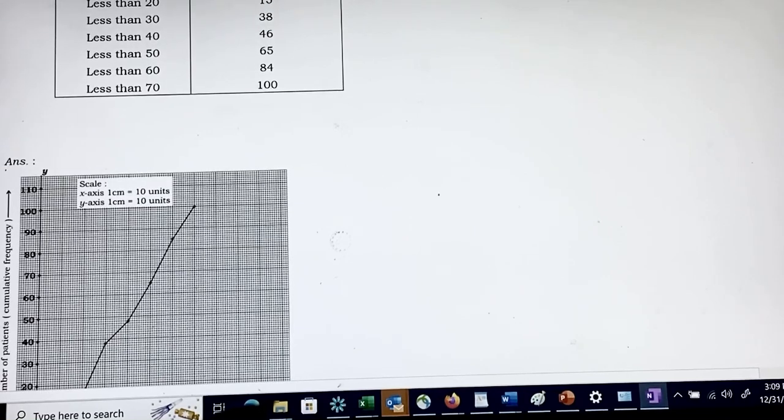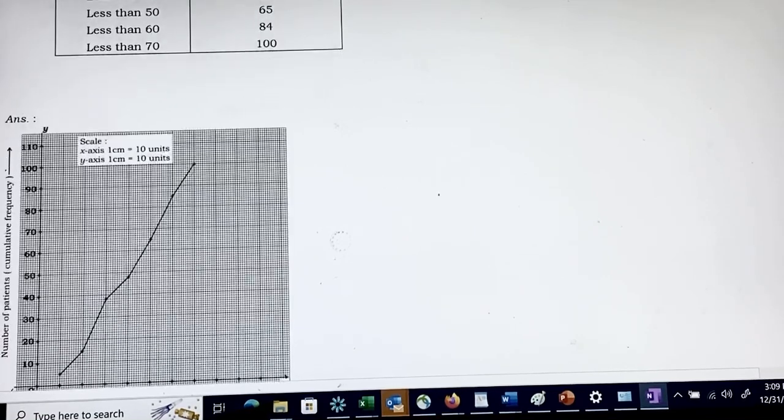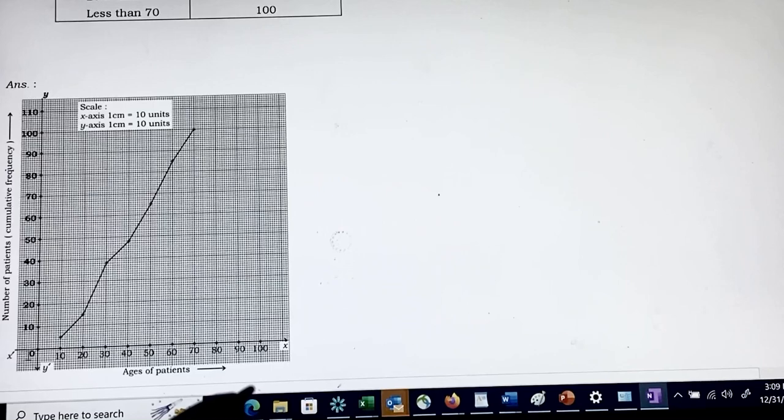That is, if I write less than 10, frequency 6. So this is less than 10, frequency 6. So 6 is here. You have to make a point here. Next is less than 20, frequency 15. This is 20 on x-axis and the frequency is 15. So in the y-axis it is 15. Third point is less than 30 and 38. So 30 is here on x-axis, 38 from y-axis.